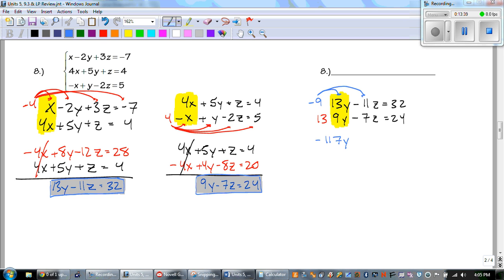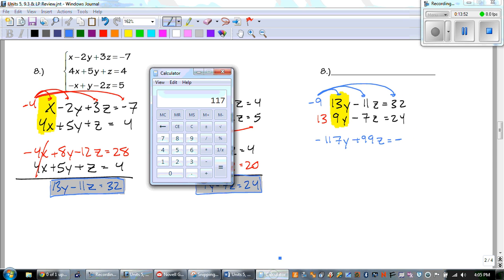I can do this in my head. -9 times 11 gives me 99z. A negative times a positive is going to be a negative, and then 9 times 32 is 288.